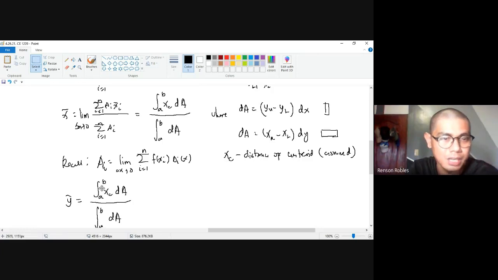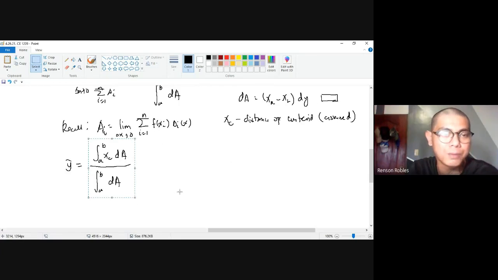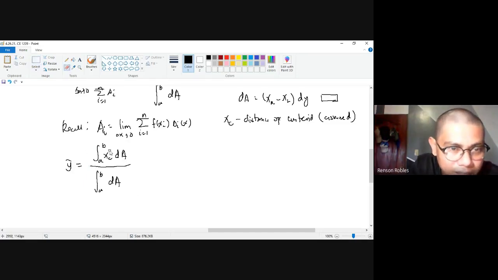So, ibig sabihin po, kukumputin nyo muna yung area. Kasi, whatever you write inside the integral symbol for area, that is the same expression that we are going to use if we compute for the moment. Okay? And then this XC, papalitan lang natin to ng YC. And what is YC?